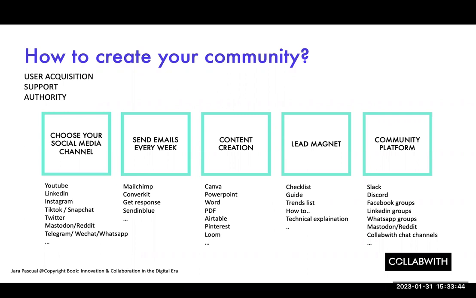For instance, in our case, or in the case of the ISA, I don't want everyone on the Collabways platform. I want only the people who are interested in collaboration and bringing research and collaboration to a company or a startup. It's very specific. So how can I find these very specific people? I create a lead magnet, a PDF guide with 10 ways to collaborate between academia and industry.